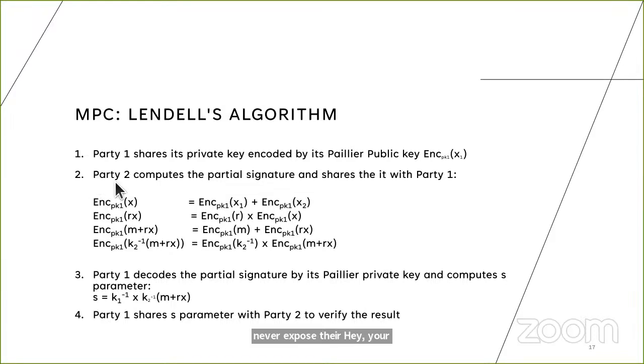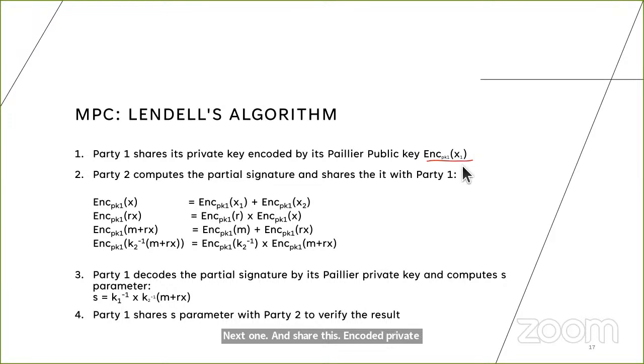So the first step would be that one of the parties, let's say party 1, encodes its private key share X1, and shares this encoded value with the other party.